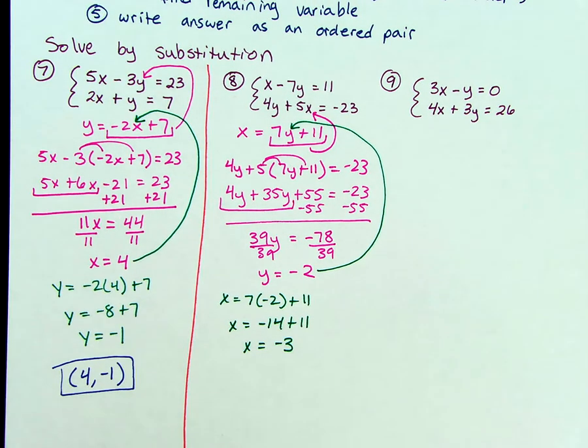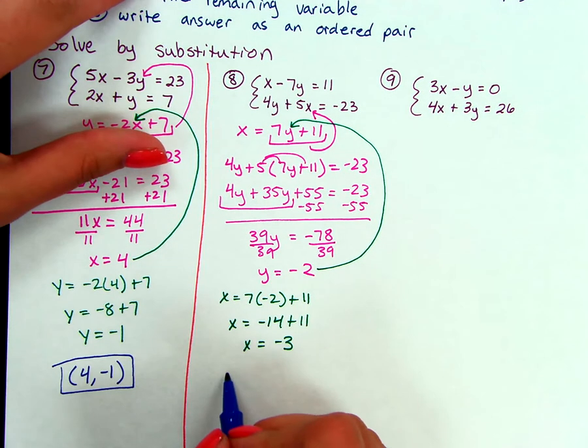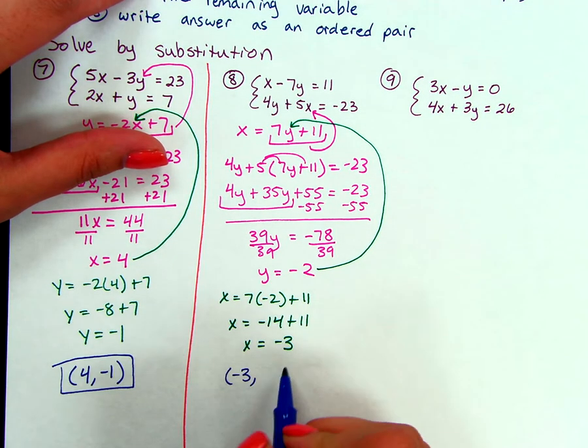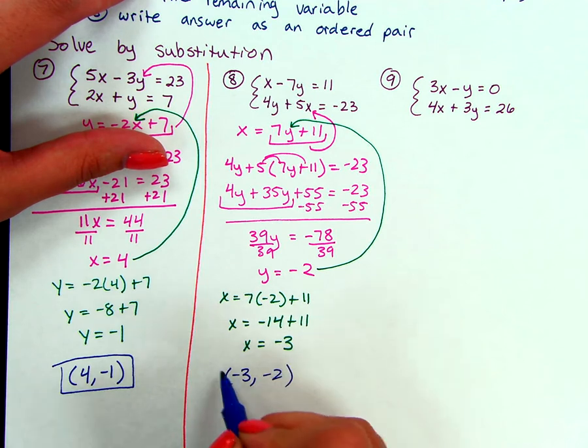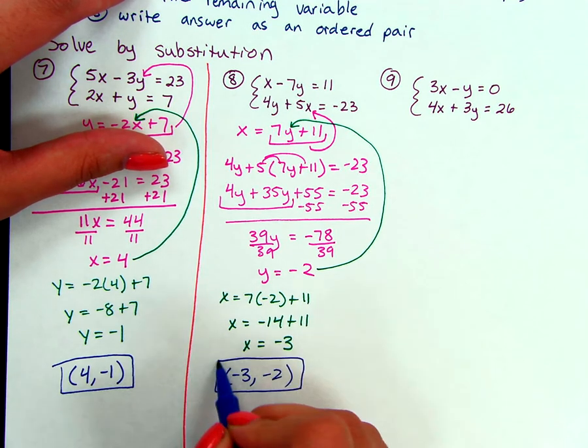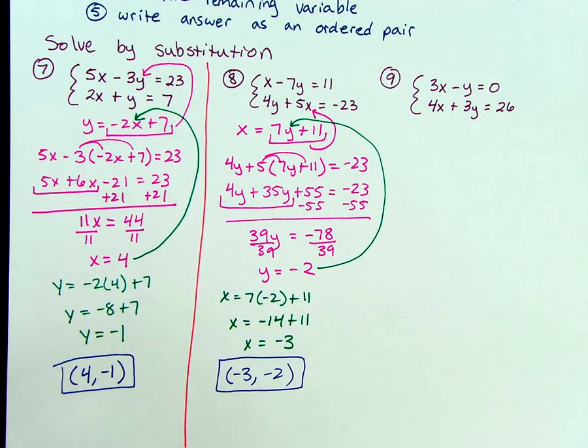And then again, we're going to write our answer as a point. So x is always first. So this would be negative 3, and then our y was negative 2 as our final answer. And if you happen to work with variables that aren't x's and y's, when we write them as points, it's always assumed to be alphabetical order unless you're told otherwise.